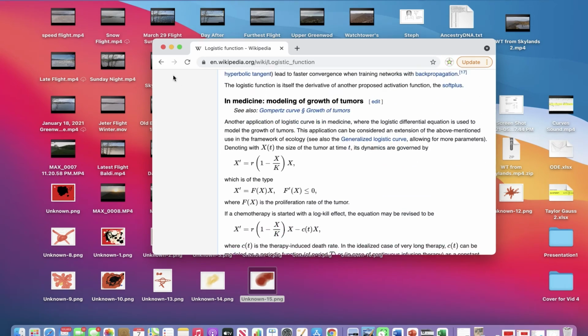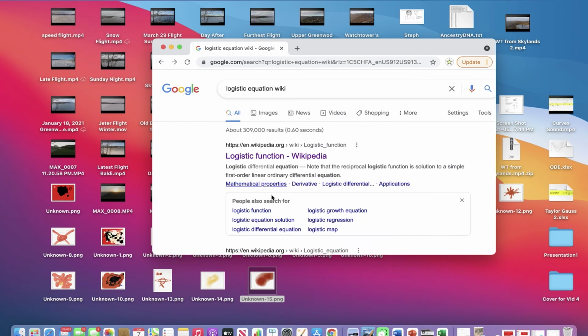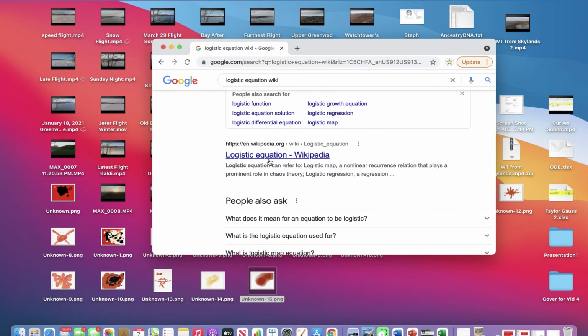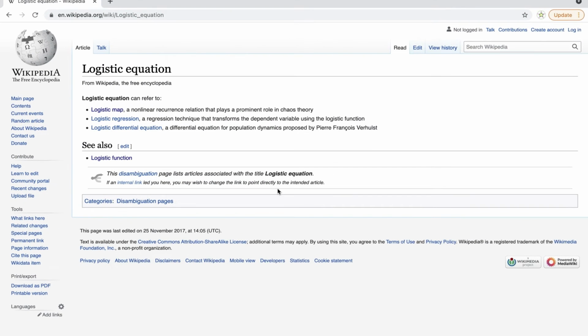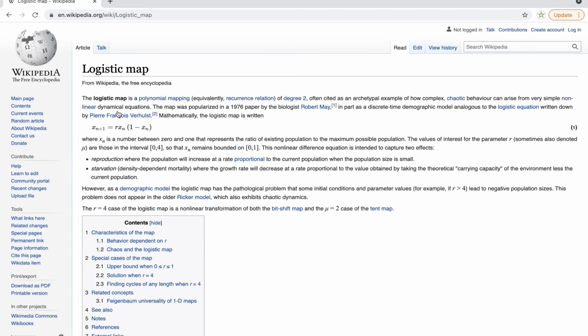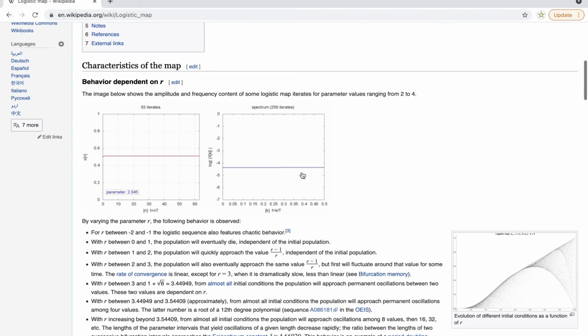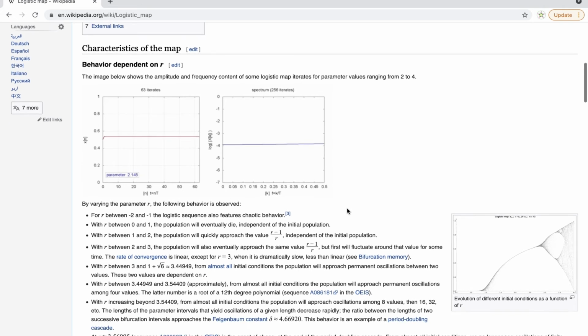It's not in this. This is just talking about the function itself, the logistic equation. Let's search bifurcation, logistic map. Okay, so here we go.